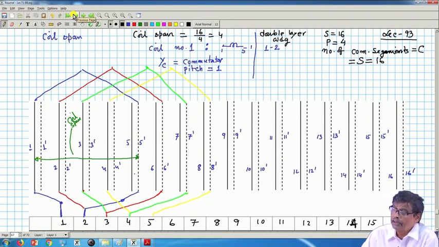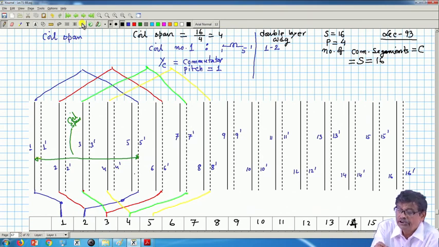In case of lap winding, if the number of poles is 4, you can put 2 positive brushes and 2 negative brushes, and that will divide the armature into as many parallel paths as the number of poles of the machine. That I am not going to discuss. But why I have once again discussed this lap winding is simply to understand what we are going to do in wave winding.